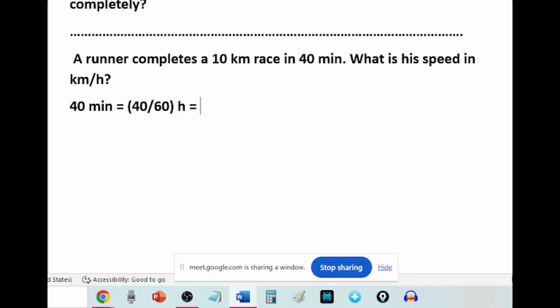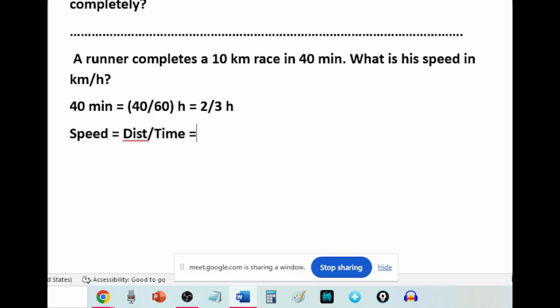40 minutes will be how many hours? 40 by 60, the zeros cancel, 4 by 6, so 2 by 3 hours. Now you are going to find the speed. Speed equals distance by time.